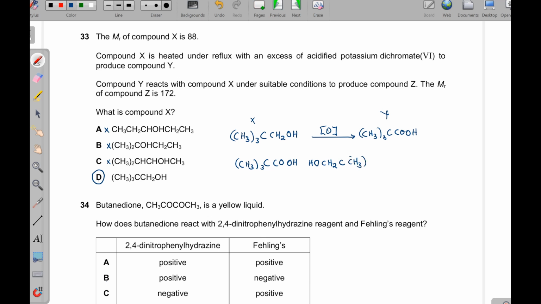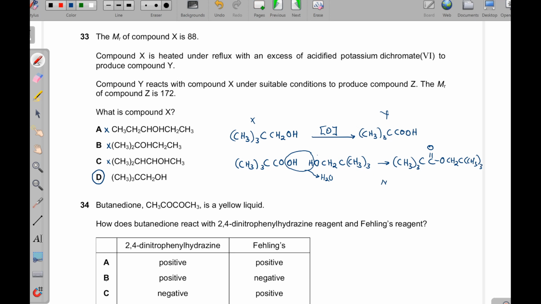The alcohol loses the hydrogen, and the carboxylic acid loses the OH. So water is given off in this esterification reaction, and then we form an ester. So this is CH3 three times, then C, and then C, this is the carbonyl, and then the O here, and then CH2, then C, and then CH3 three times.